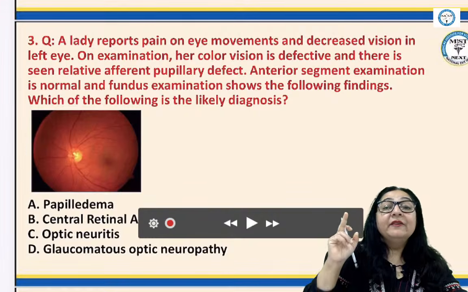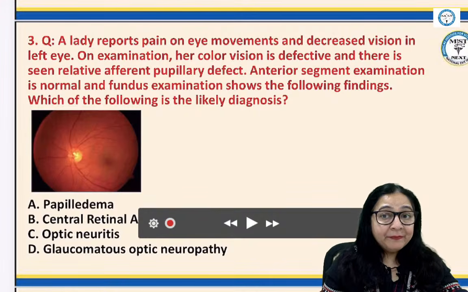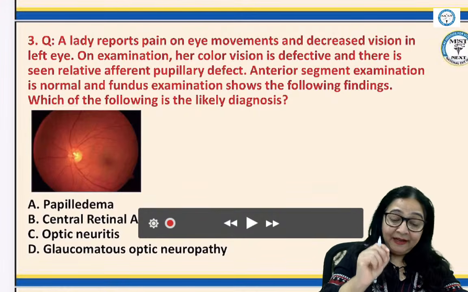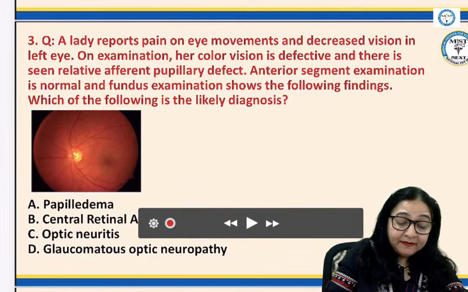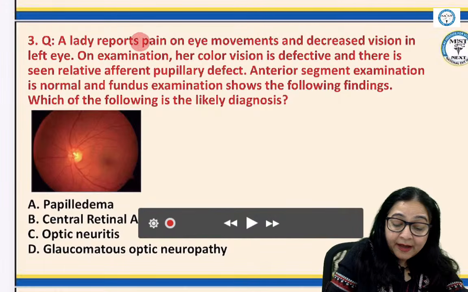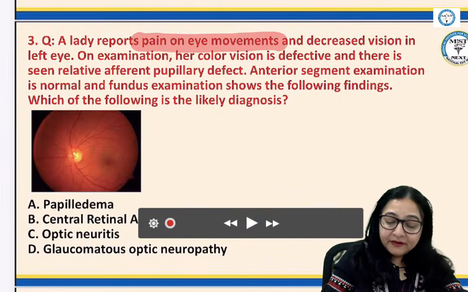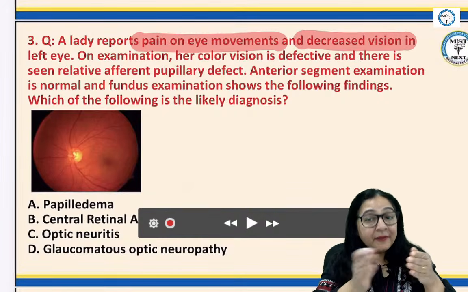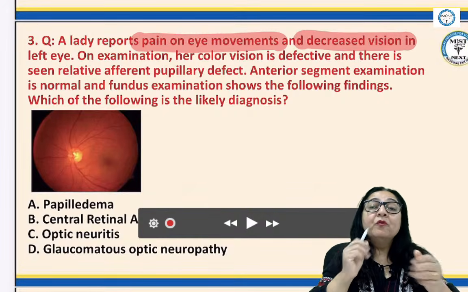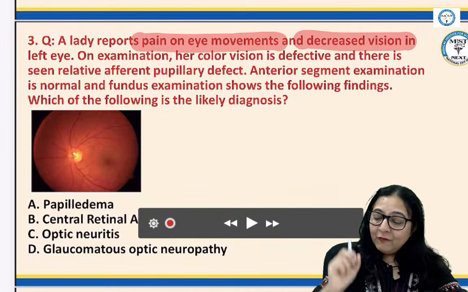A lady reports pain on eye movements and decreased vision in the left eye. So again over here, beta, what are your key points? Pain on eye movements, decrease in the vision. So again, painful decrease in the vision, specifically when the patient moves the eyeball. What are the signs?